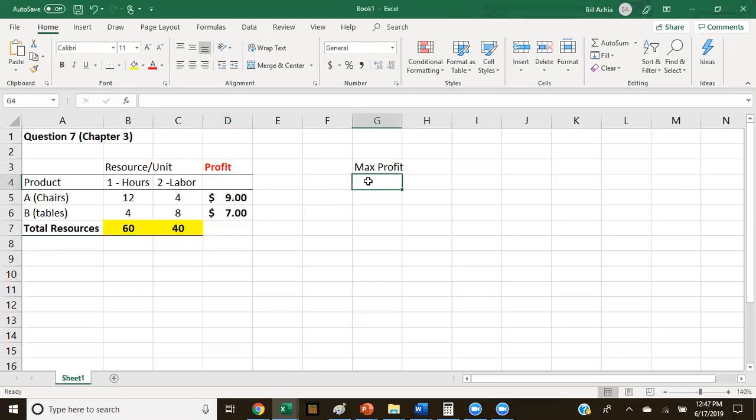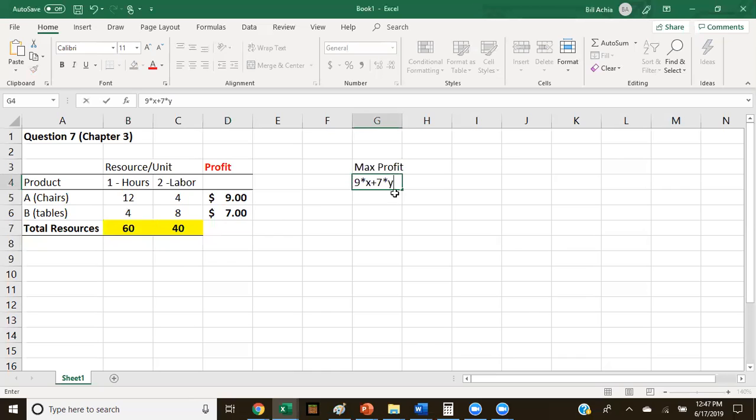So if I want to figure out what my total profit is going to be, it's going to be $9 per chair multiplied by however many chairs we end up making, plus the $7 per table multiplied by however many tables we end up making.